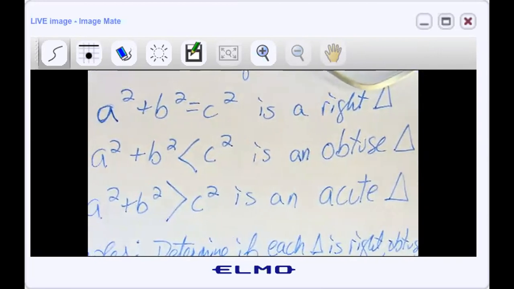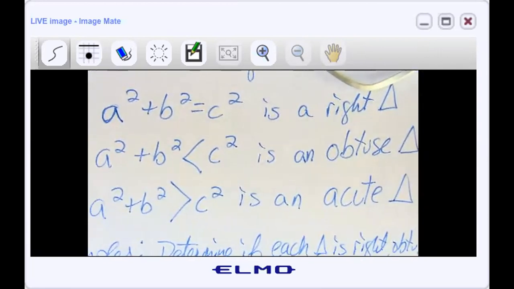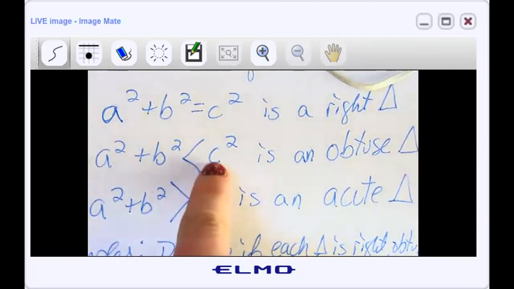There we go. So if your right-hand side, your c squared, if that's the big one, right? Which I think is what's coming out on this, then it's going to be obtuse. Yeah. So let's see how this works out, because this is another one of those.